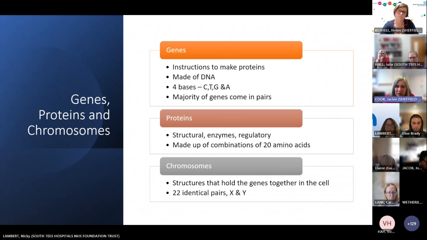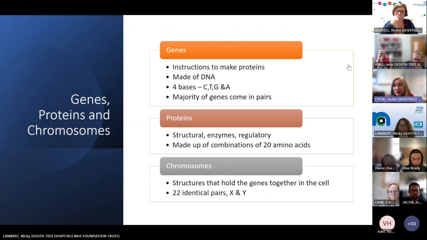So I'm going to be talking about genes, and so I thought it probably sensible to start off by explaining what genes are. These are the instructions that we inherit from our parents and pass down to our children, and basically they are instructions on how to make the building blocks of our body, which are the proteins, and they're made up of this chemical called DNA.